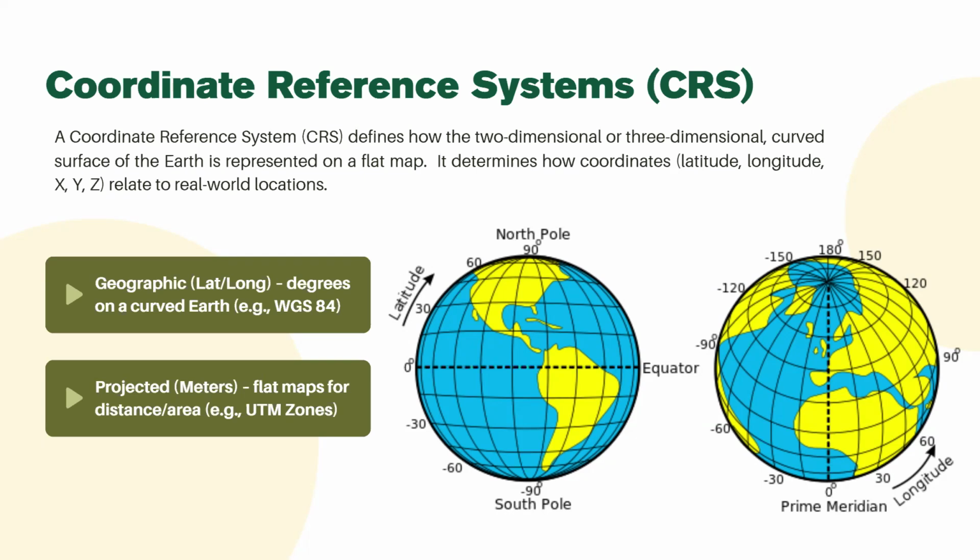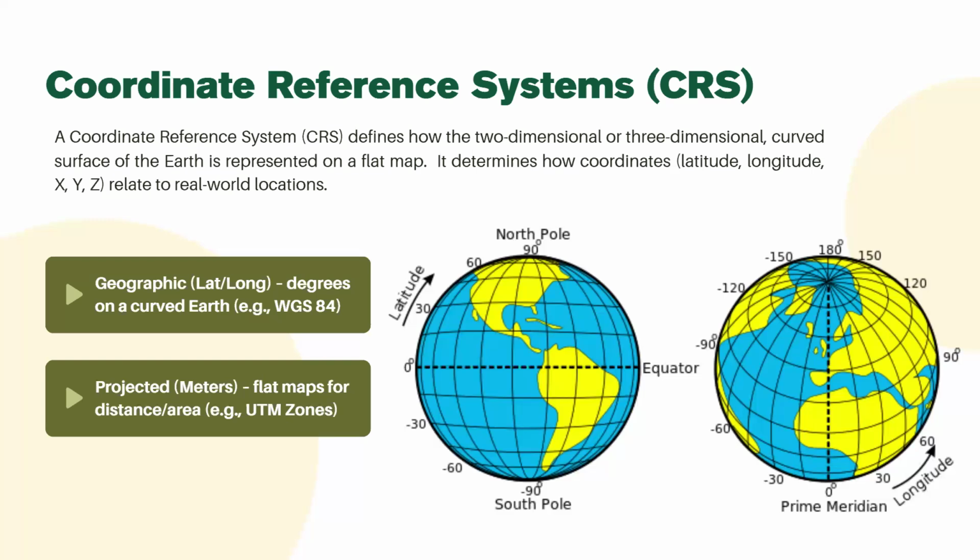Let me explain this more clearly. Think of CRS as the address system of the planet. Just as your home address helps others find us, you will say, this street, after this shop, behind this temple.